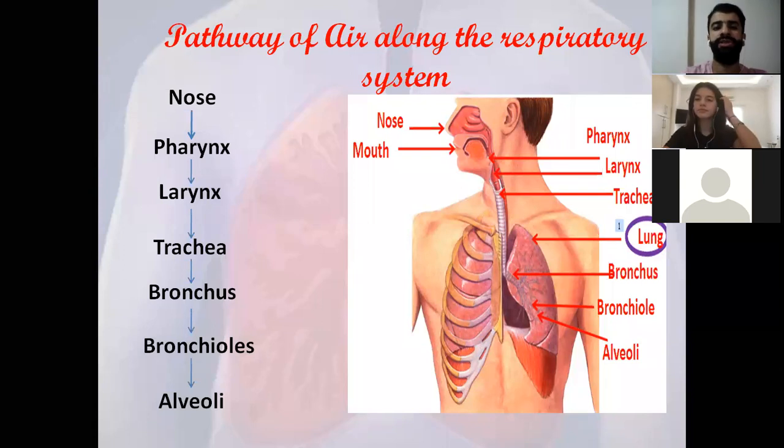So the air enters the respiratory system first through the nose, then the pharynx, the larynx, the windpipe, the trachea, then the bronchus, the bronchioles, and finally the air sacs, where the air is going to reach this region.